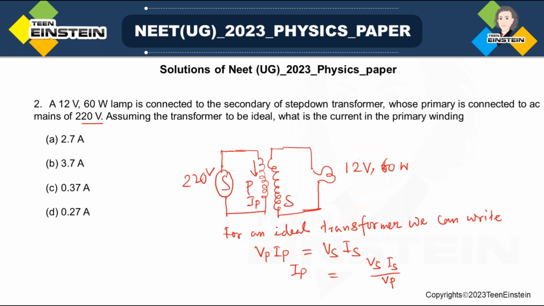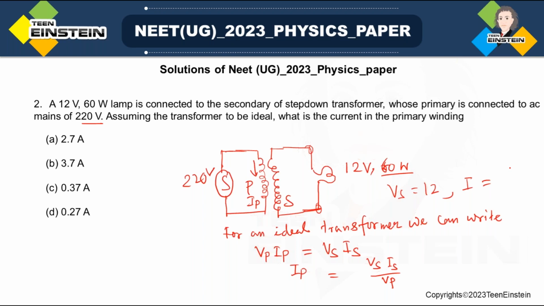What is VS? VS is the voltage. Here the specification of the bulb is given, 12 volt 60 watt. So VS is 12 volt. What is IS? IS is the current in the secondary. How do you find out that? See, what is this given?